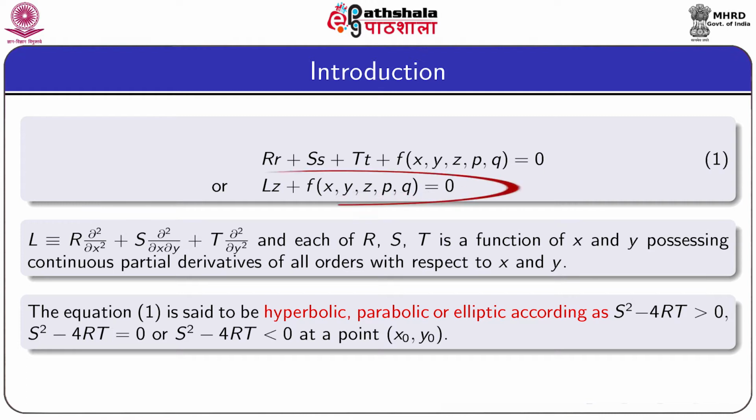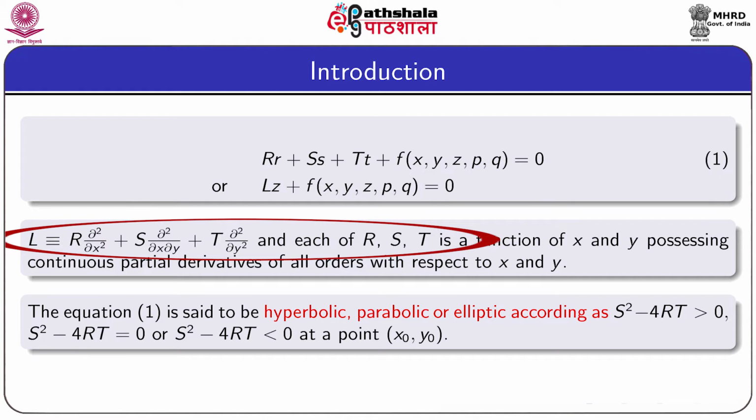The equation can also be written in the form L z plus f equals 0, where the operator capital L is equivalent to capital R del 2 del x square plus capital S del 2 del x del y plus capital T del 2 del y square.